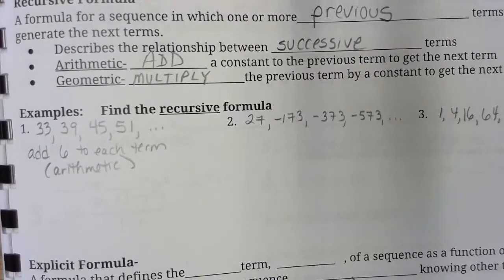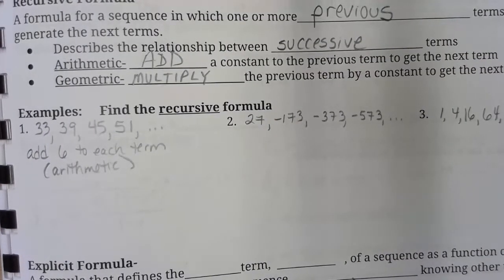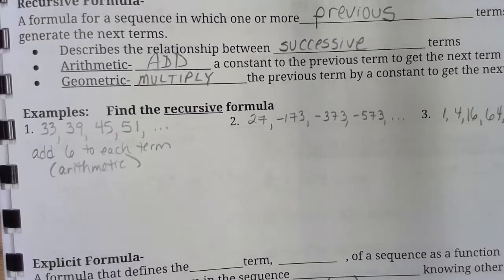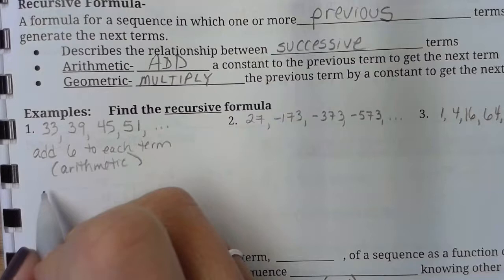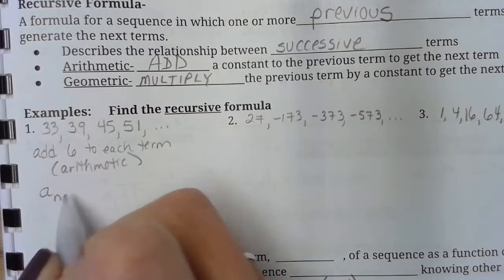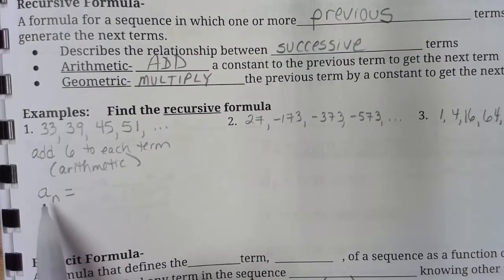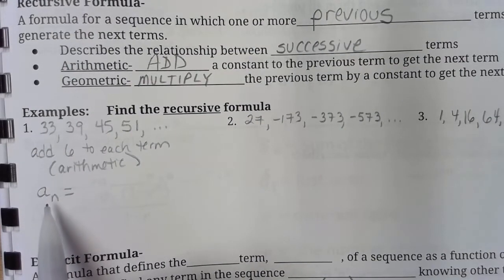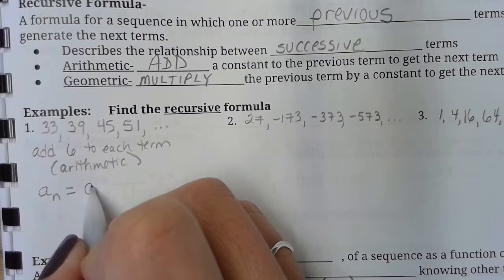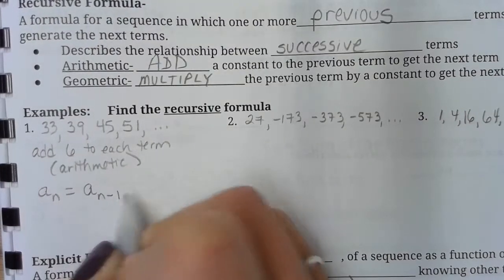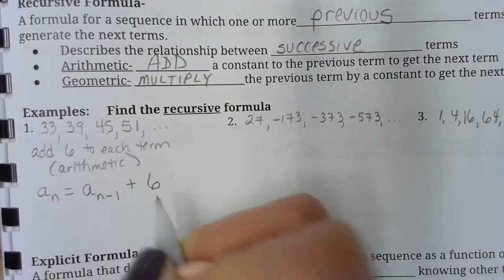So arithmetic means we add the same thing over and over. So this time we're adding 6 each time. So that means I can write a sub n, which means I can think of any term in my sequence, as long as I know the one that happened before it, I add 6.